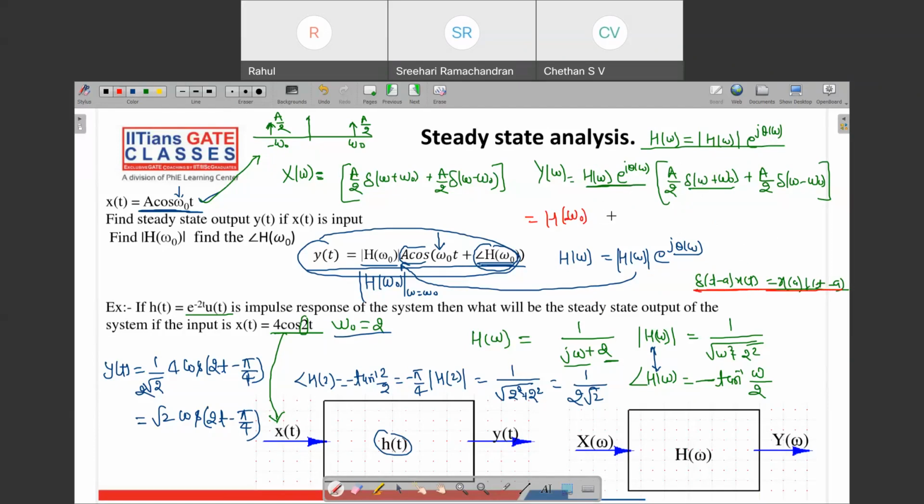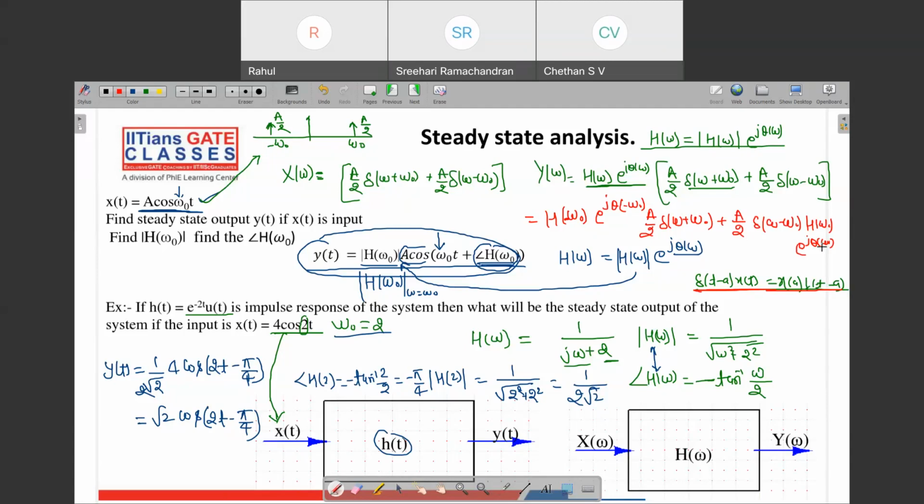So h of minus omega naught e to the power j theta minus omega naught a by 2 del omega plus omega naught. And then for this term, you can write it as a by 2 del omega minus omega naught and h of omega naught e to the power j theta omega naught.